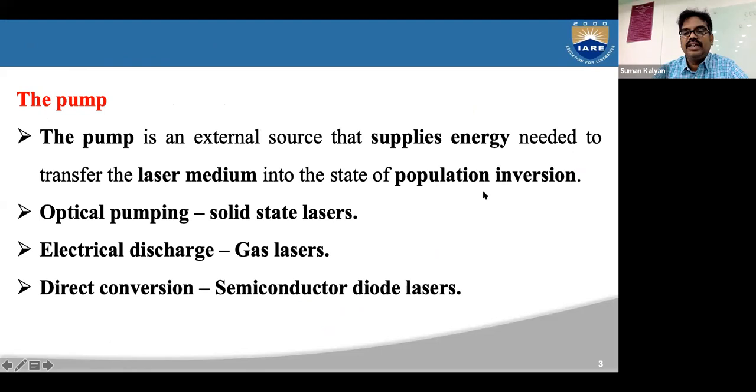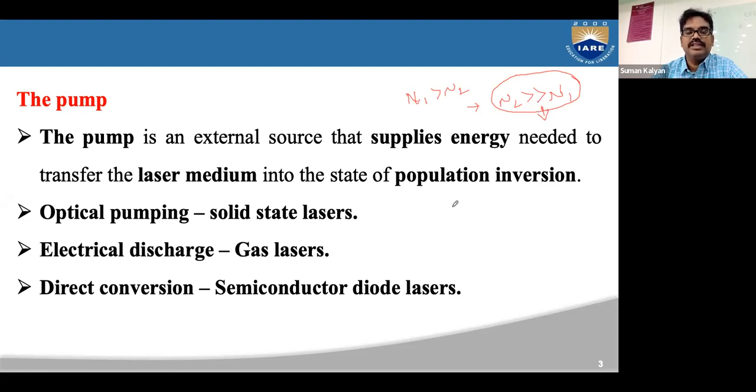We know that in normal conditions N1 is always greater than N2, but what we require is N2 much greater than N1. To achieve this population inversion, we need to supply energy continuously to the laser medium. This can be done by pumping.